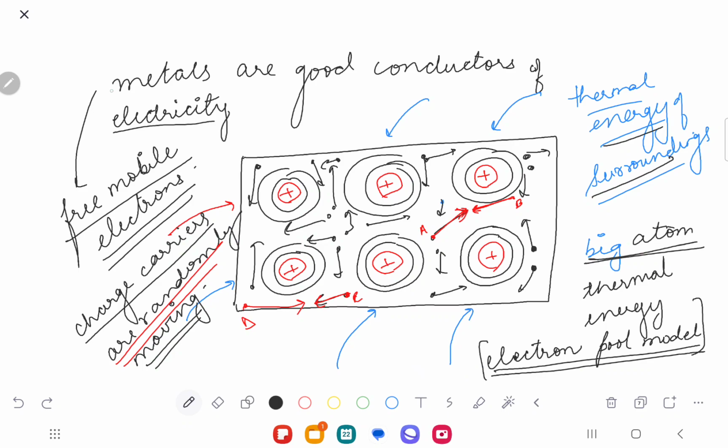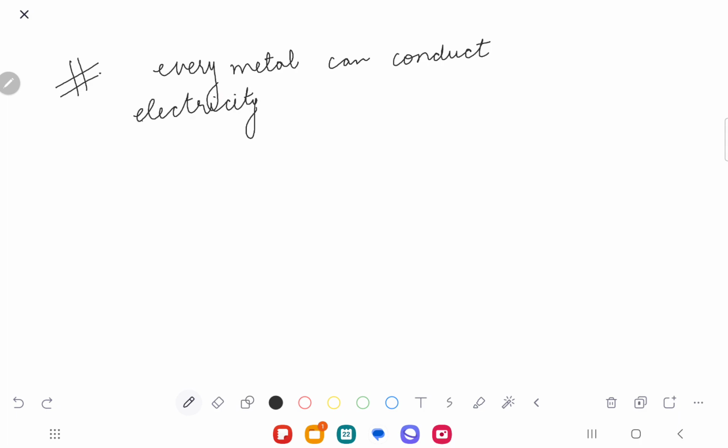Now, when we are talking about metals as good conductors of electricity, what exactly does this mean? Just see, here in this example, every metal can conduct electricity, right?